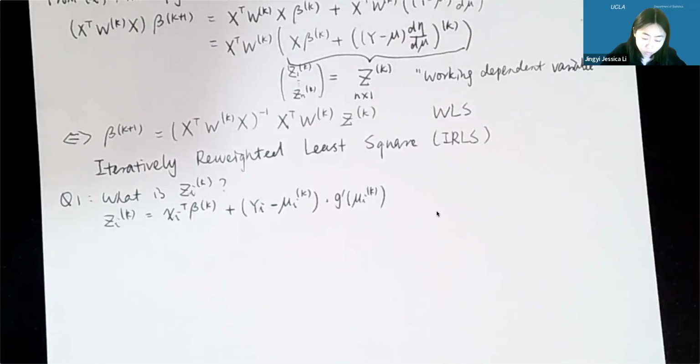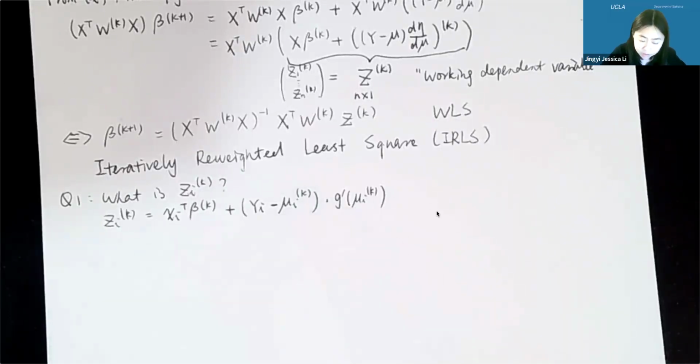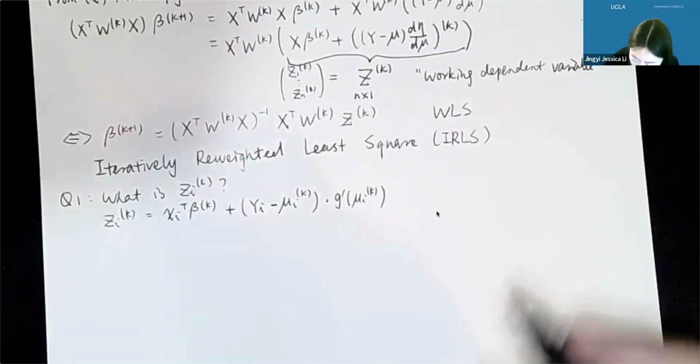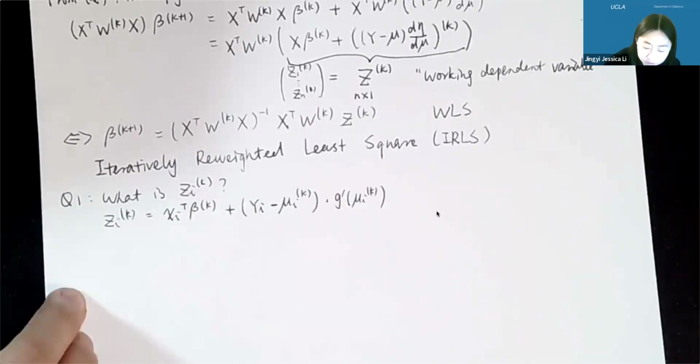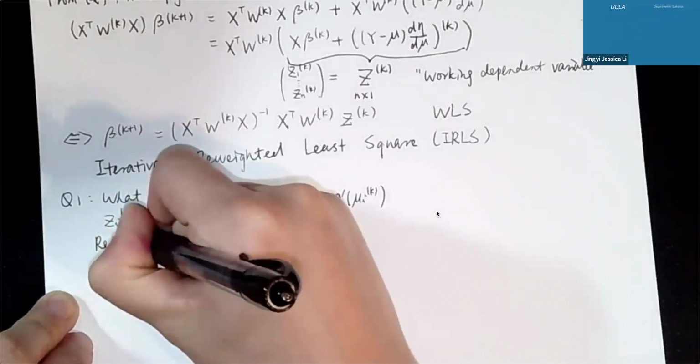And what we actually have here is this expansion. Like I said, it can be interpreted as a Taylor expansion. Let's first look at the definition of the linear predictor, to give you more intuition and interpretation of this.